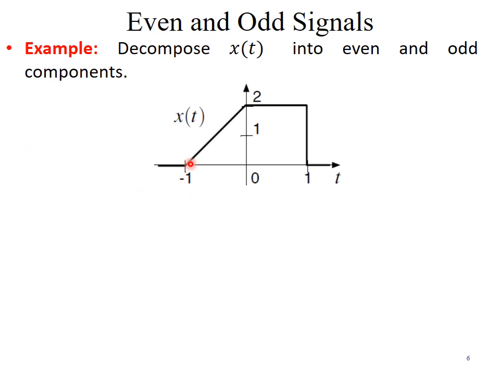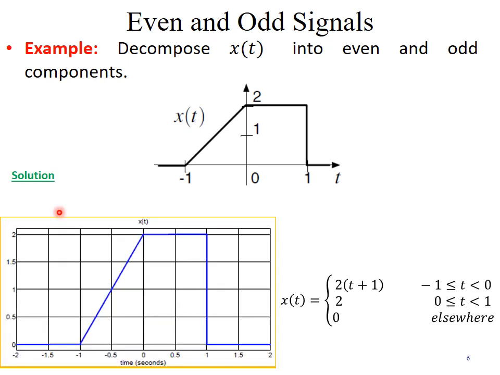You can see from -1 to 0 it is a ramp function of amplitude 2, and from 0 to 1 it is a unit step function, and everywhere else it is 0. So the mathematical expression would be x of t equals 2t plus 1 from -1 to 0, and from 0 to 1 it is 2, and everywhere else it is 0. So this is the mathematical expression.